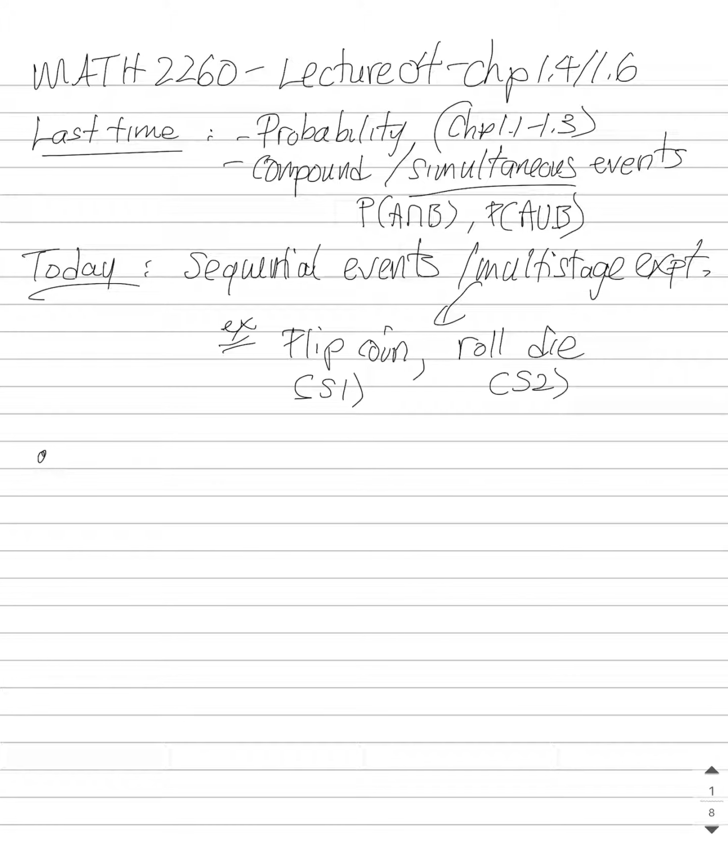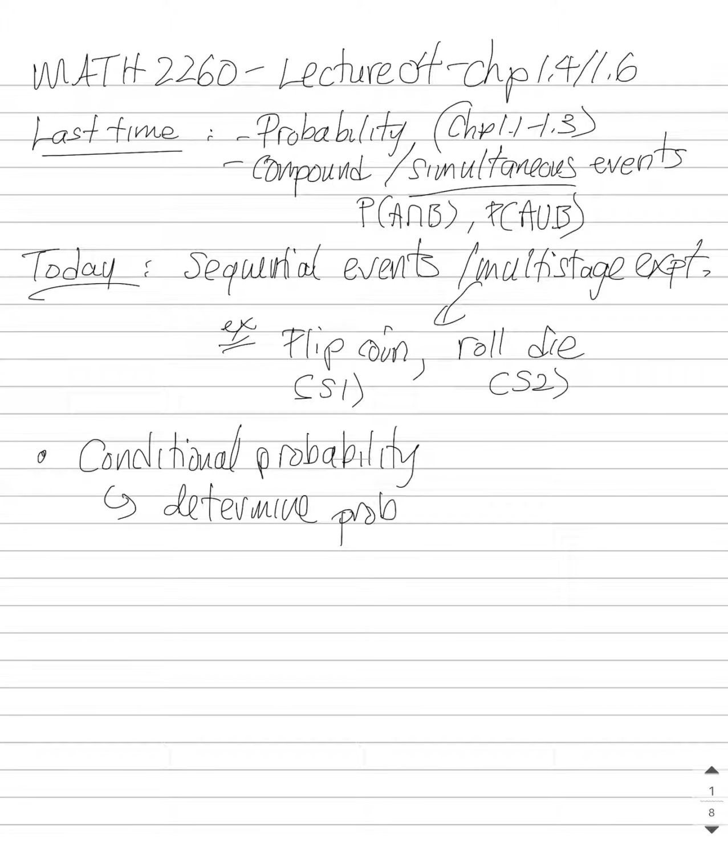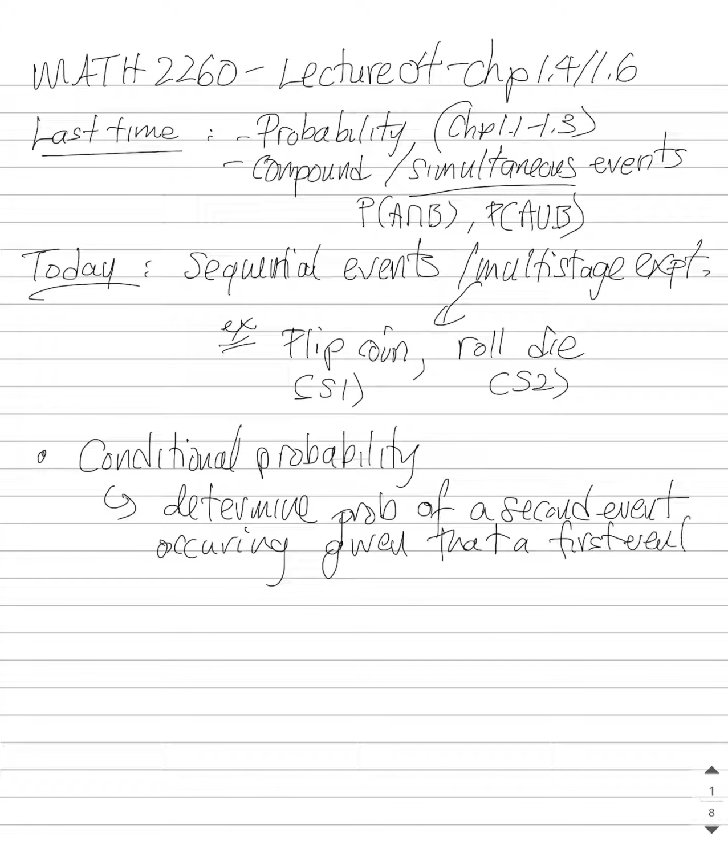Right now we'll get into a new idea, something called conditional probability. In a nutshell, conditional probability is trying to determine the probability of a second event occurring, given that a first event has occurred.